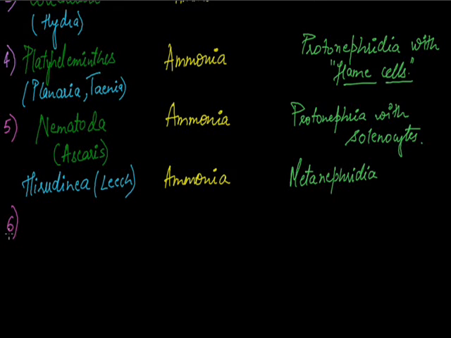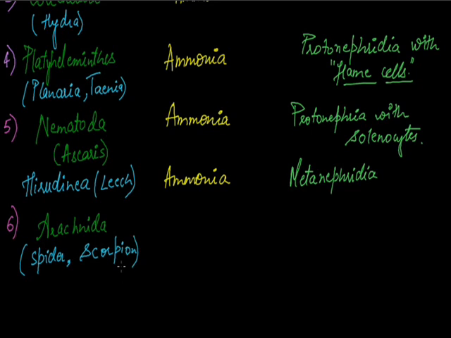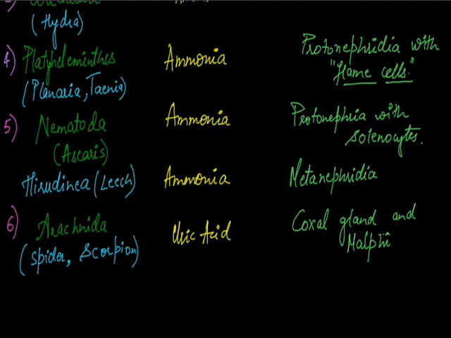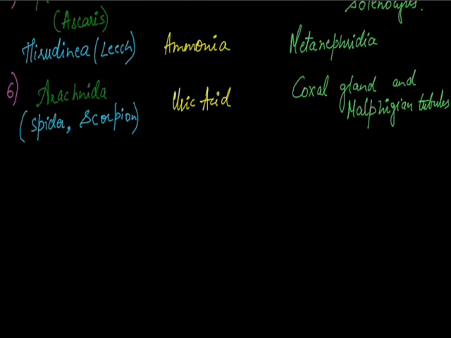Next is arthropoda. In arthropoda, first is arachnida. It consists of spider, scorpion. They mainly release uric acid from the special organs called coxal glands and Malpighian tubules. Next is crustacea, which consists of prawn.